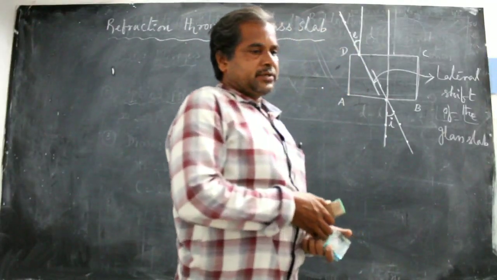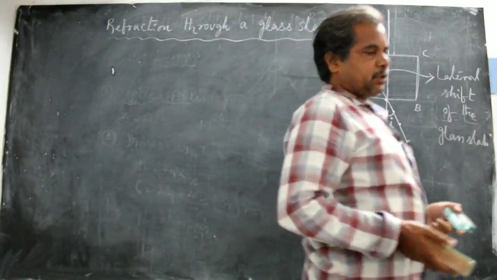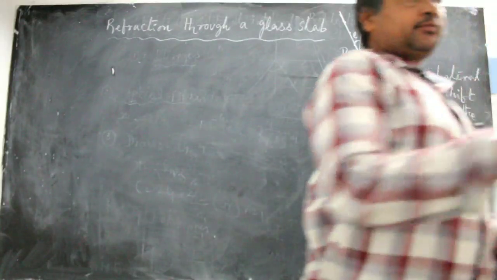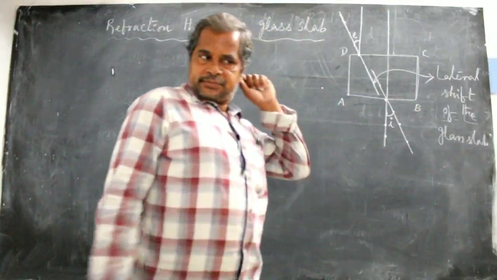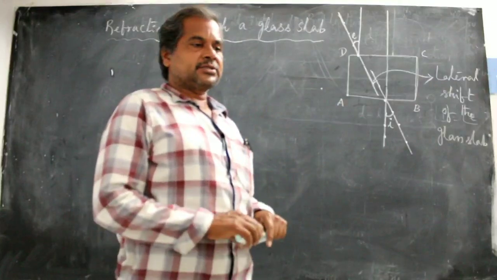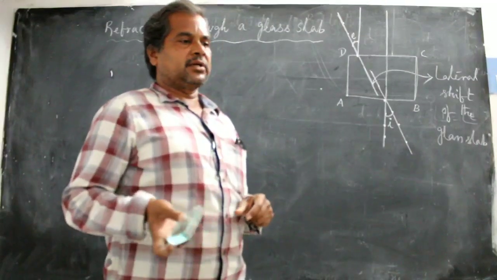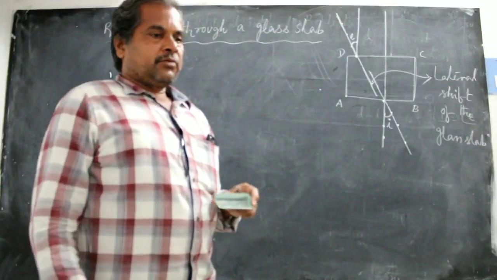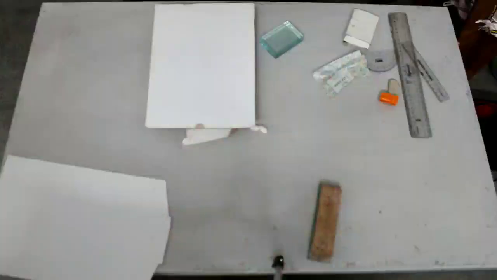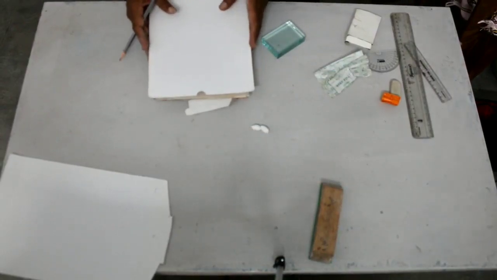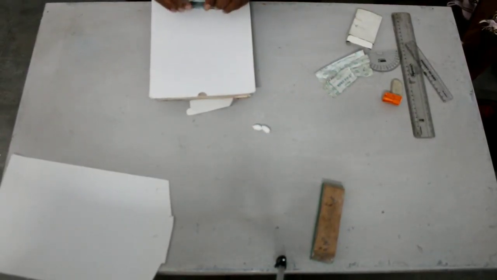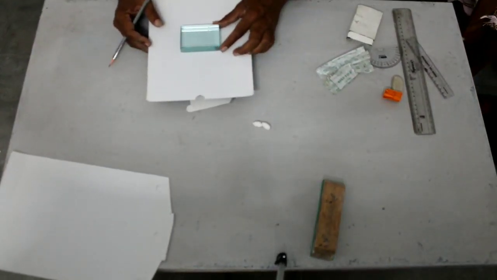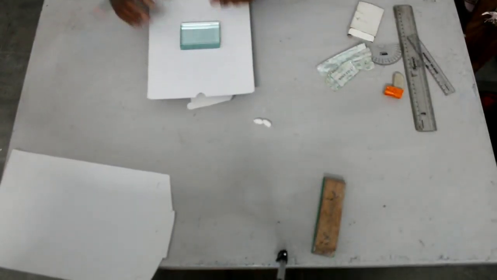So, here we are doing a small activity by using this glass slab. We require some material such as a protractor, scale, pencil, glass slab and one drawing sheet. So, we can do this activity. By using this glass slab, we can find the lateral shift.